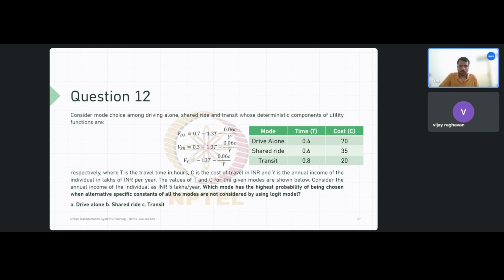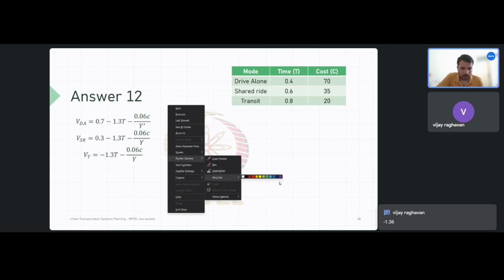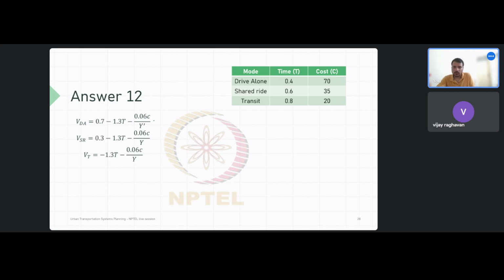So we have been given the functions data. So we have the time and cost, we have the utility function. We have to find which mode will have the highest probability when constant is not considered. So let's start. First is VDA. So we will not consider 0.7 because we have been told that alternative specific constants are not considered.